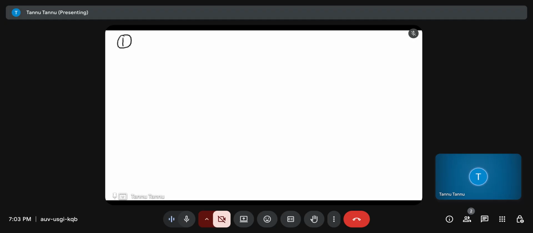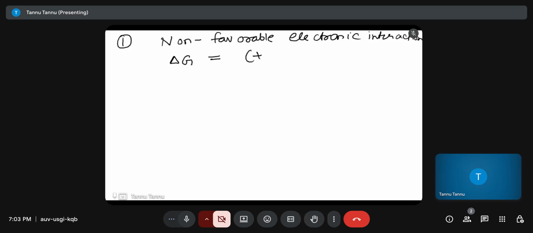So the first possibility is non-favorable electronic interaction. That is, your delta G is positive.